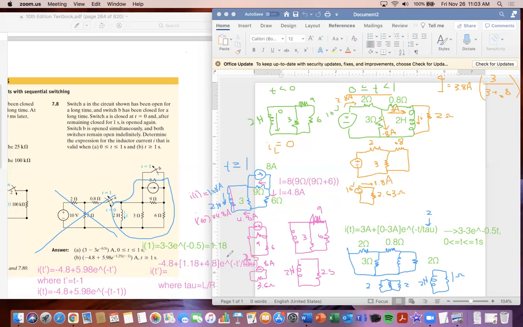And because it became 2.5 in this equation here, when your tau becomes 2 henries divided by that 2.5 ohms, you're going to get 800. Sorry, this is looking really bad right now. You're going to get 800 milliseconds.